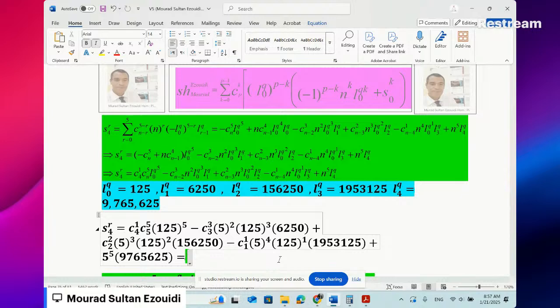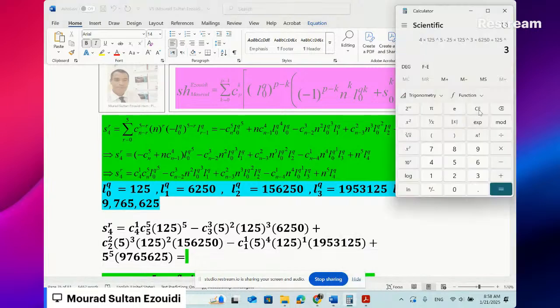Now we calculate this, my kids. This is L0, this is L1, this is L2, this is L3, this is L4. I will calculate this in front of you. We have 125 cubed.